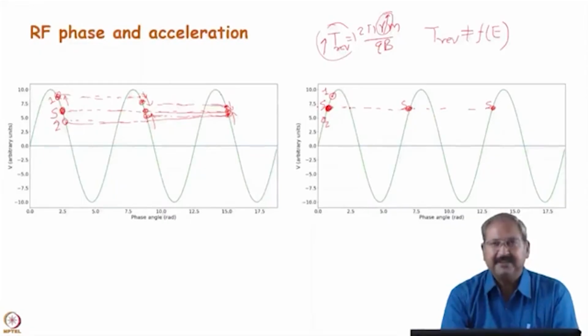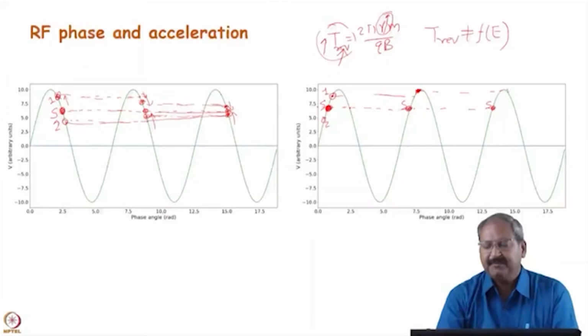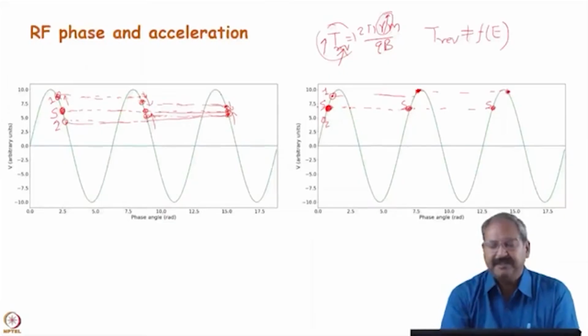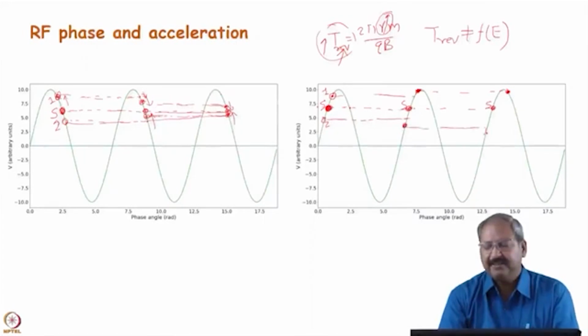Now a higher energy particle will take a longer time to revolve, so it will come later here, and on the next turn it will come even later. Similarly, this particle which has lower energy gain than the synchronous one will come early, say here, and in the next cycle it will come here.